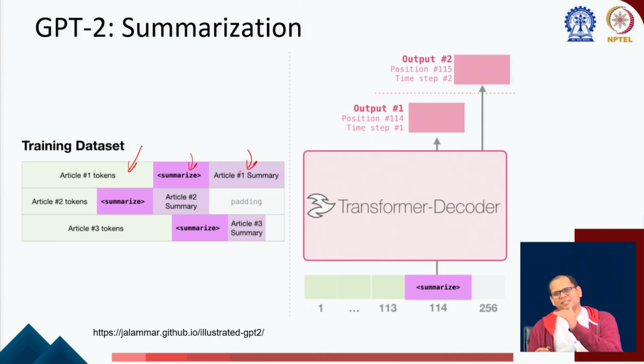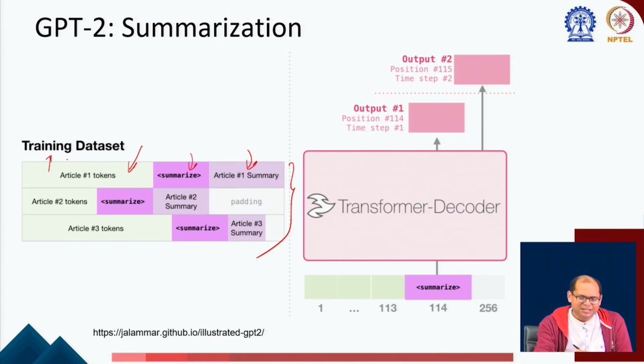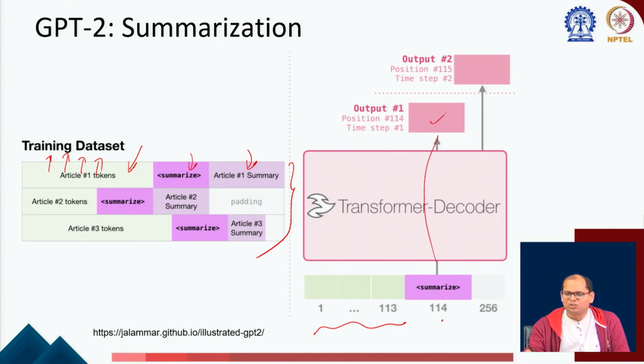You can just feed these sequences into the model. While fine tuning, you can even fine tune over everything here with the next token prediction task, and once it is fine tuned, you give a new article and the summarize token, and then you get the output, the summary.